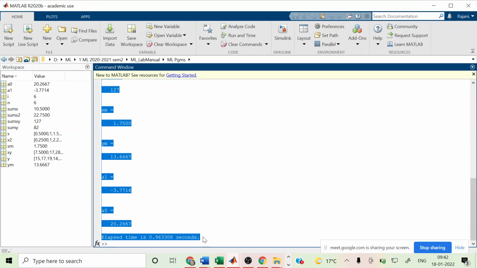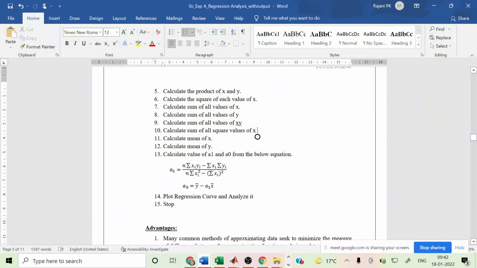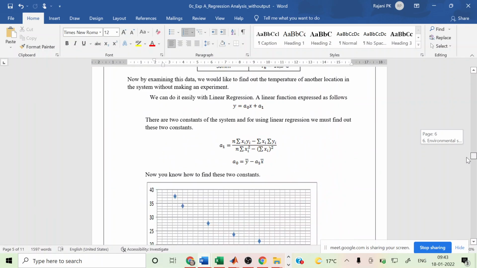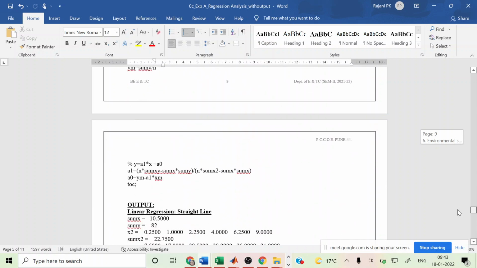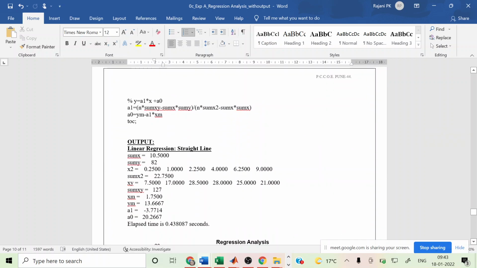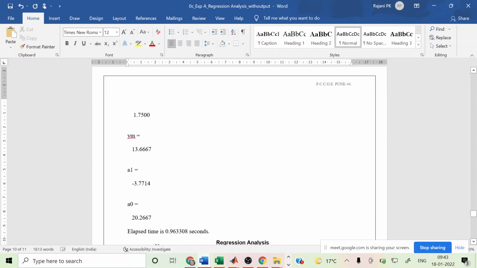What you should do is copy this and put it in the document here. So this is the linear regression straight line output.